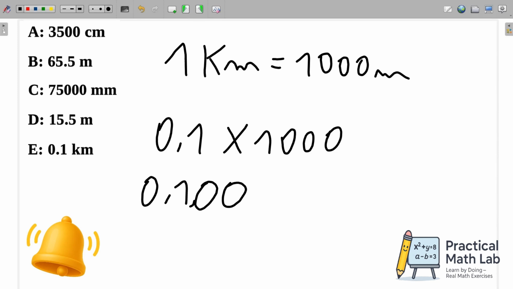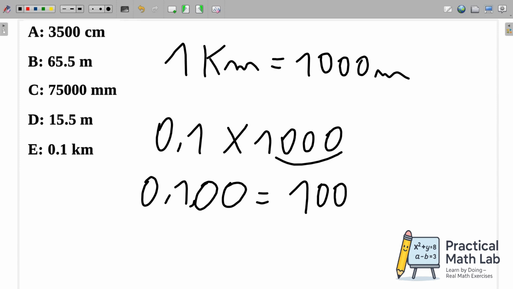Another place, add another 0, that's 3. Because there are 3 zeros, you move 3 places. So 0.1 times 1,000 equals 100. So 0.1 kilometers is equal to 100 meters.